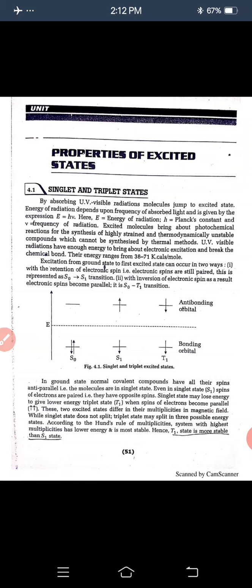These two excited states differ in their multiplicities in a magnetic field. While the singlet state does not split, the triplet state may split into three possible energy states. According to Hund's rule, the system with the highest multiplicity has lower energy and is most stable, that is T1. T1 is more stable than the S1 state.